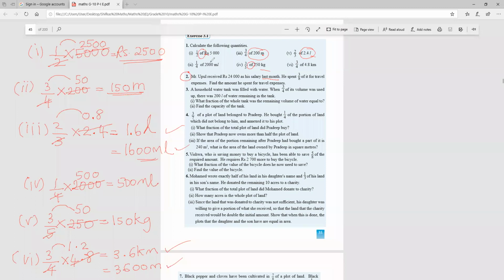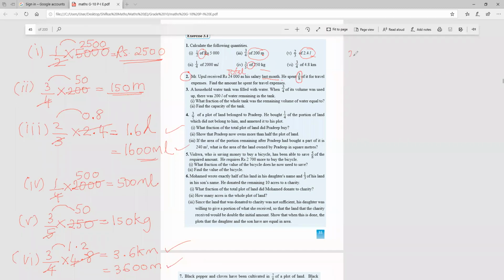Is it part of the salary or the full salary? 24,000 is his full salary, the total salary of Mr. Upul.